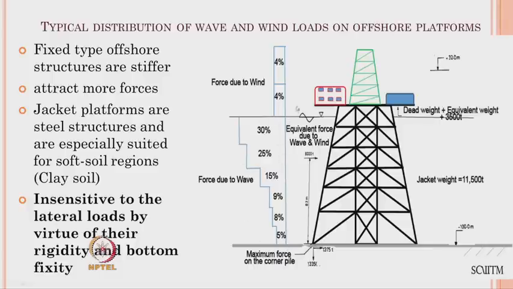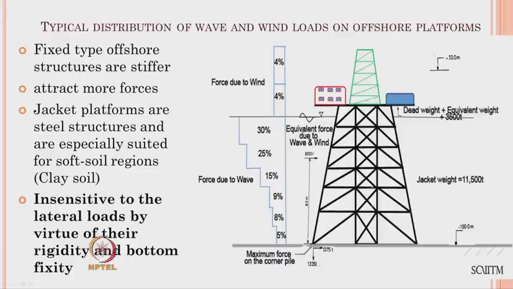On the other hand, the free surface effects will impose maximum lateral forces on the platform geometry. Similarly, for the wind, as the height of the derrick keeps on increasing beyond a specific height from the mean sea level, the wind forces vary non-linearly. We will talk about the spectrum used for wind force calculation, the spectrum used for wave force calculation in the subsequent lectures.